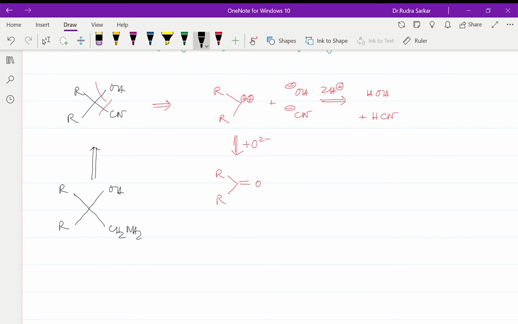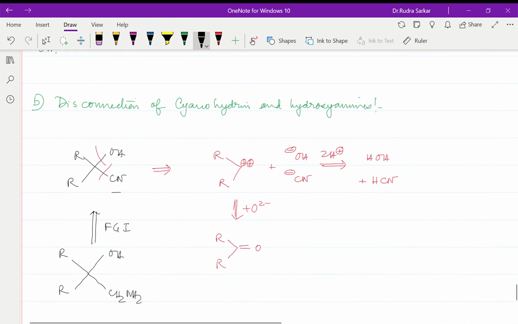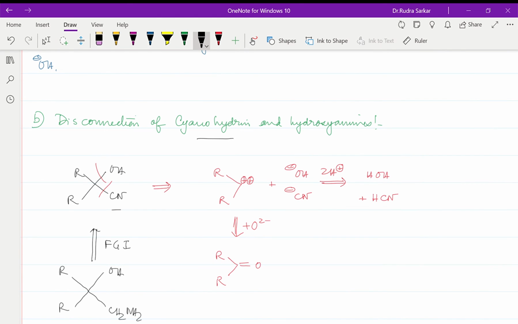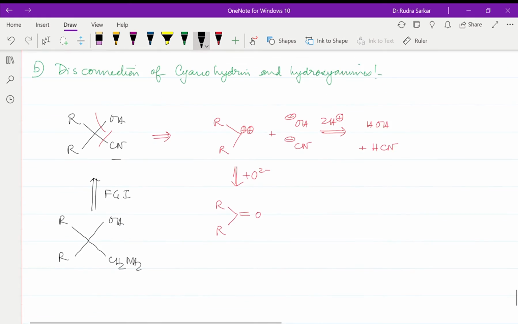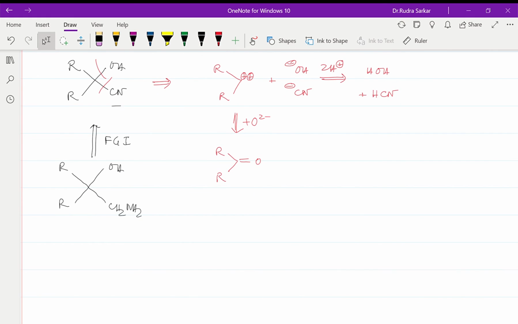Now whenever this molecule is given to you, all you need to do is do a functional group interconversion and take this unit to CN, and then the rest of the things follow. So that way one can think not only the disconnection of a cyanohydrin but also that of a hydroxyamine. Okay, so that is how one can do this type of smart work while doing disconnection.